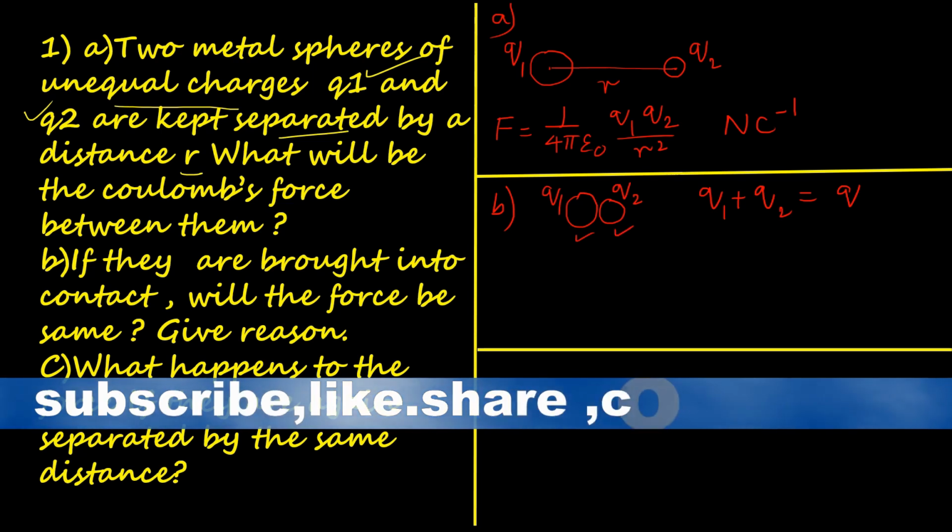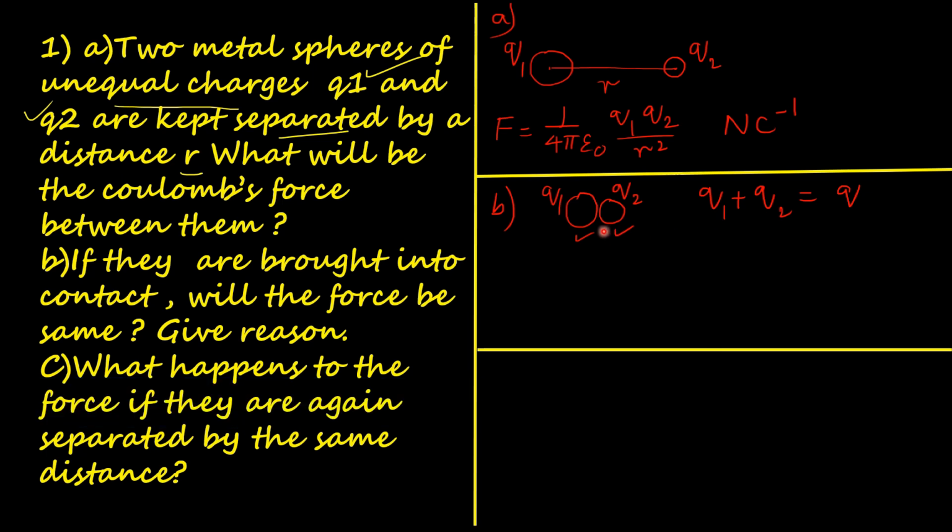That is Q1 plus Q2, and let us consider it as Q. Then they share the charge equally among them. In physics we say when two unequal charges are brought close together, their charges become equal. The charge distribution changes. Now Q1 is equal to Q by 2 and Q2 also is equal to Q by 2. I will note it down.